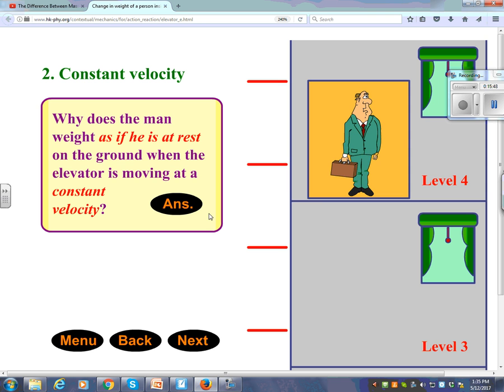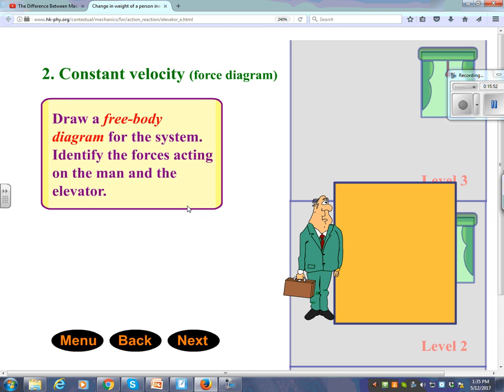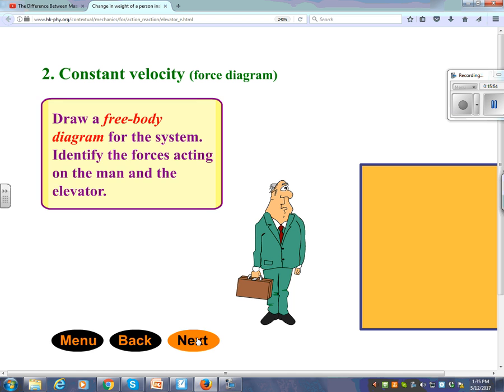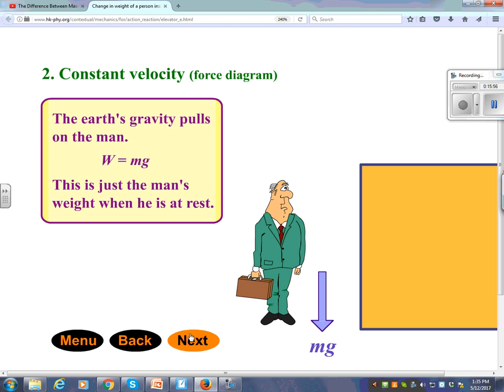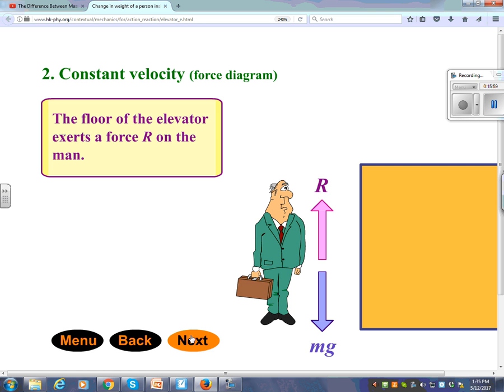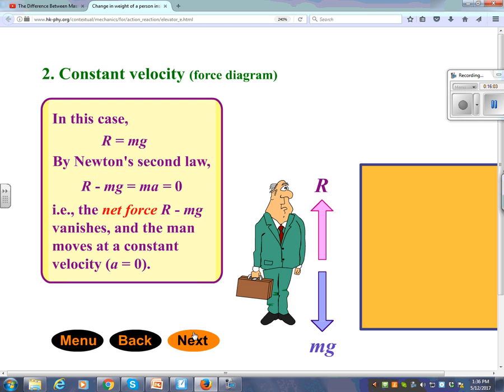Because the forces are equal and the net force is 0. Here's the free body diagram: mg weight down, normal force up. They are equal and opposite. Net force is 0, ma is 0. The man moves at a constant velocity. He weighs the same. He's got 2 eyes there.